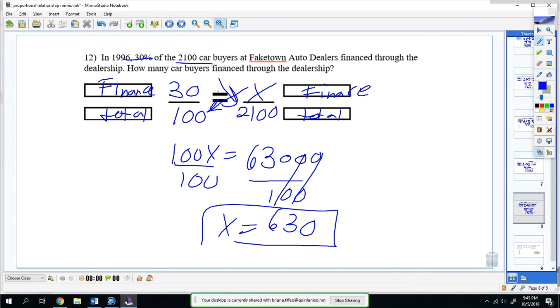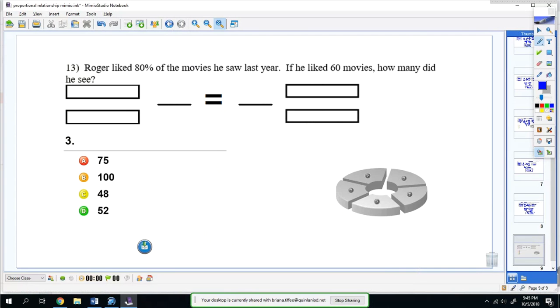Okay, let's try one more. Roger liked 80% of the movies he saw last year. If he liked 60 movies, how many did he see? Okay, so 80% liked out of a total of 100%.